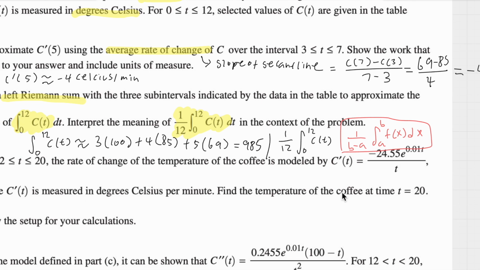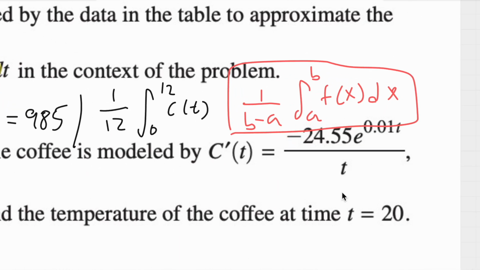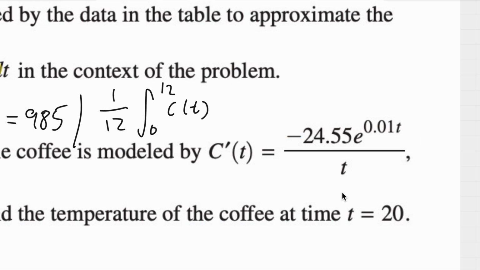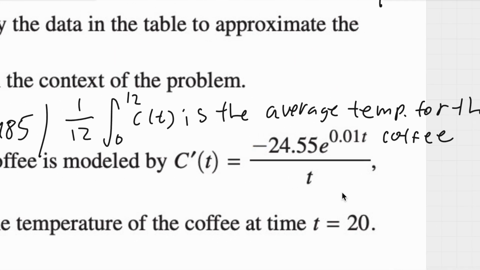So what we can say about our function here is that this is the average temperature for the coffee from t equals 0 to t equals 12, and that would give you a point.